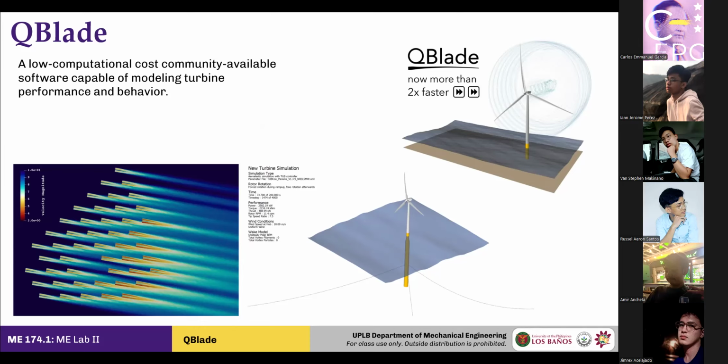And it's so good that maganda pa rin yung accuracy niya, pero you don't need that high of a spec computer to conduct complex simulations. So essentially it's a high accuracy software that does not consume so much RAM from your computer. So yun. Yun yung main difference niya compared to ANSYS.